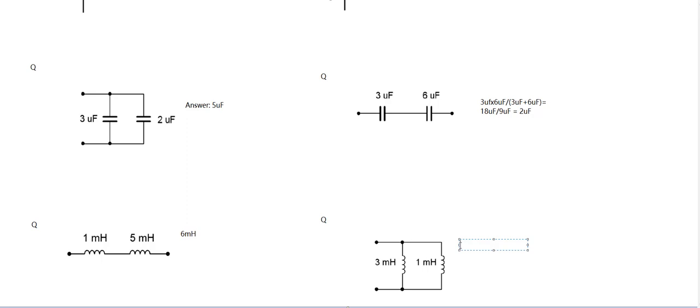That's going to be 3 microhenry times 1 microhenry, which is 3, divided by 3 microhenries plus 1 microhenry, which is 4 microhenry, and that will give us 0.75 microhenry, a reduction in inductance.